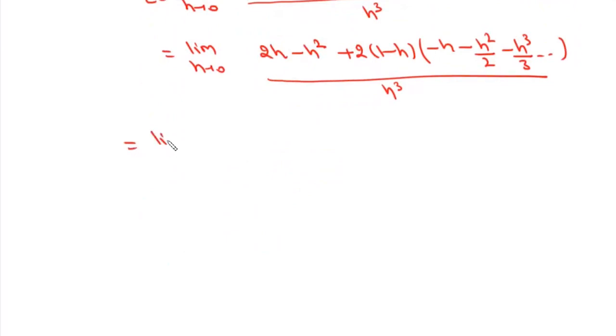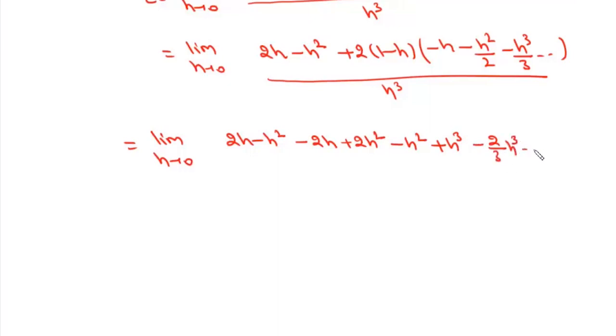We can write this as limit h tends to 0 of 2h minus h square, and then minus 2h plus 2h square, and then minus h square plus h cube, and then minus 2 by 3 h cube plus higher powers of h, divided by h cube. Now 2h will cancel, h square will also cancel.